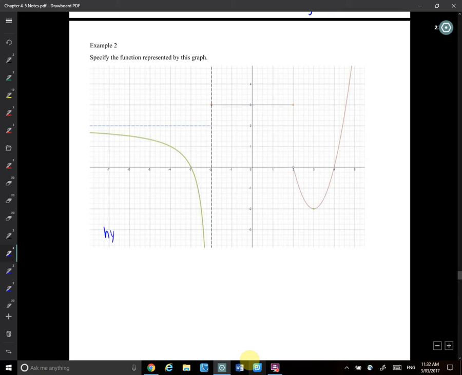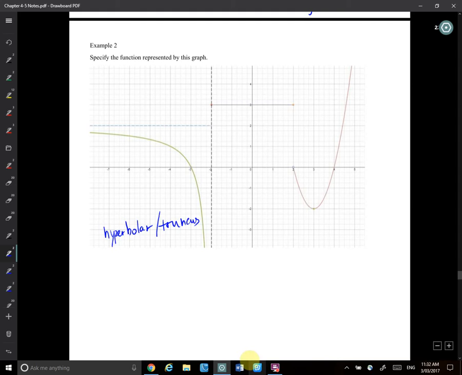Hyperbola. Or actually, I can also say that's a truncus. It doesn't really matter, because I don't see the right-hand side part. It can be a truncus or a hyperbola, depending on where the second part is.